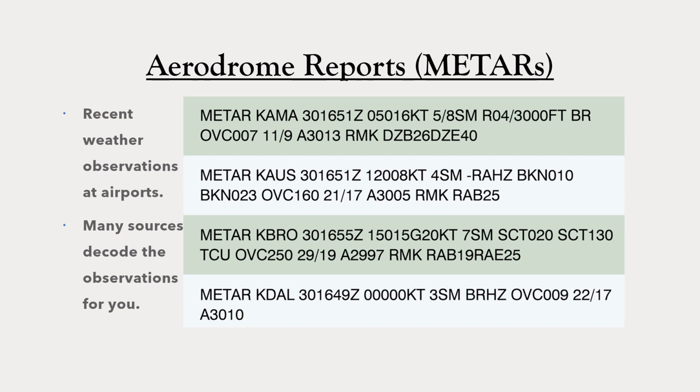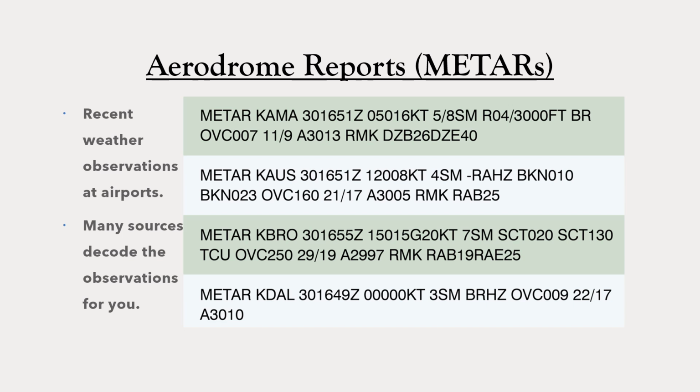The next block of information is wind information, and that has a special format. The first three digits indicate the direction of the wind. So 050 means that this wind is from the northeast. It's the magnetic direction that the wind is blowing from.